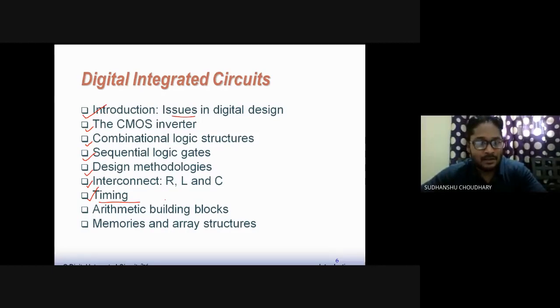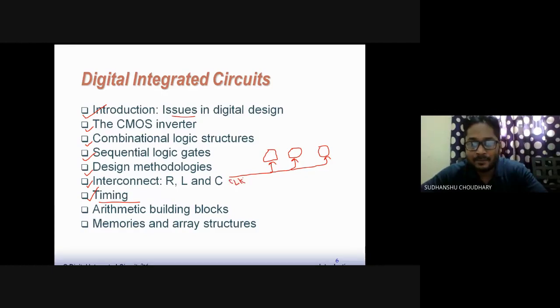And you will admit that if the timing doesn't match, then the whole circuit is a waste, right? Let us say that you have 3 components placed on your chip, and you are applying a clock to all these 3 components, right? These 3 components are present at 3 different locations on the chip.